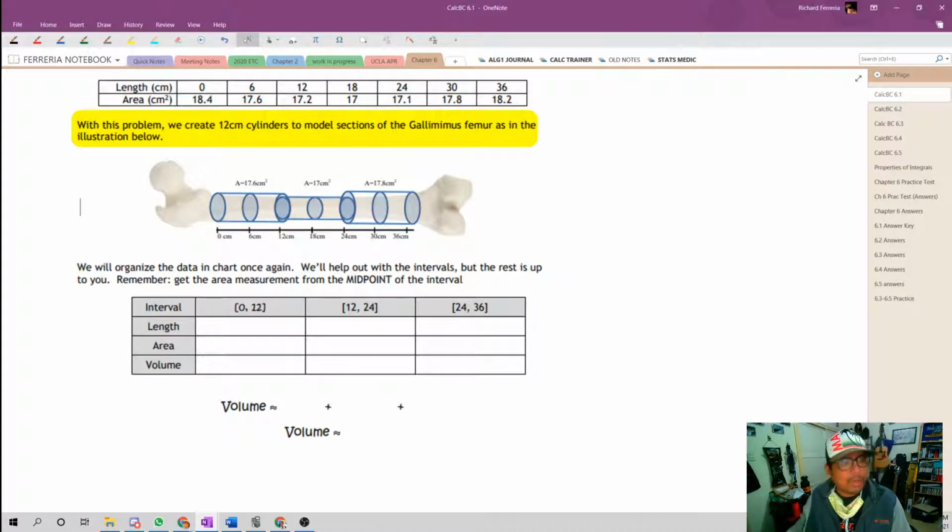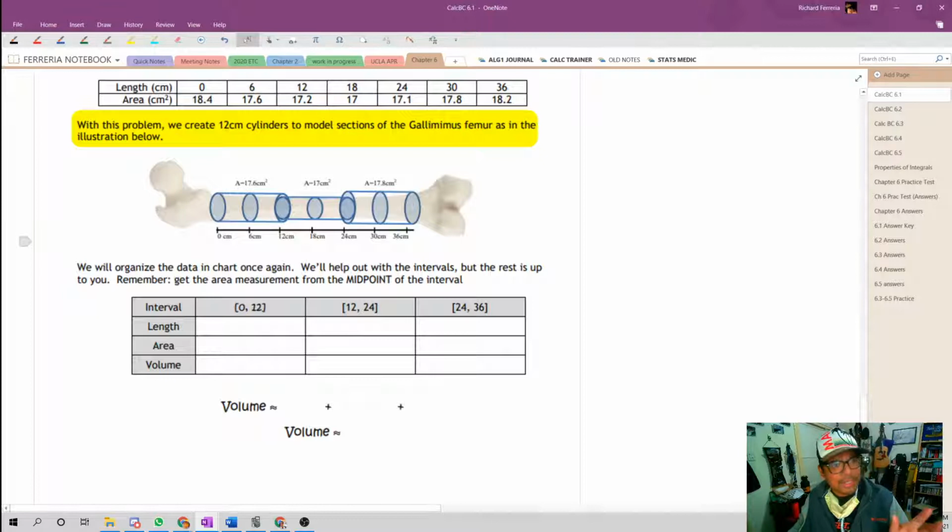Now to do this, in this case, we're going to need 3 rectangular sections, and they're going to go from 0 to 12, 12 to 24, and then 24 to 36. Basically, we did 36 divided by 3, and we got 12.